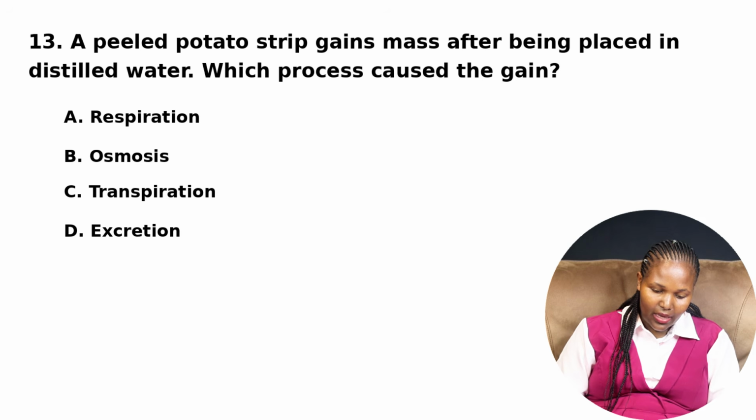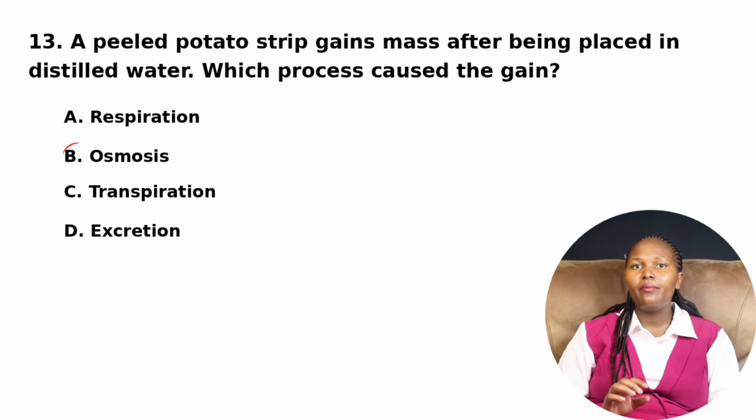Question 13. A peeled potato strip gains mass after being placed in distilled water. Which process caused the gain? Now, the correct answer here is osmosis, and osmosis is B. Why? Because water moved through a partially permeable membrane into cells, you see. Osmosis concerns water across a selectively permeable membrane.